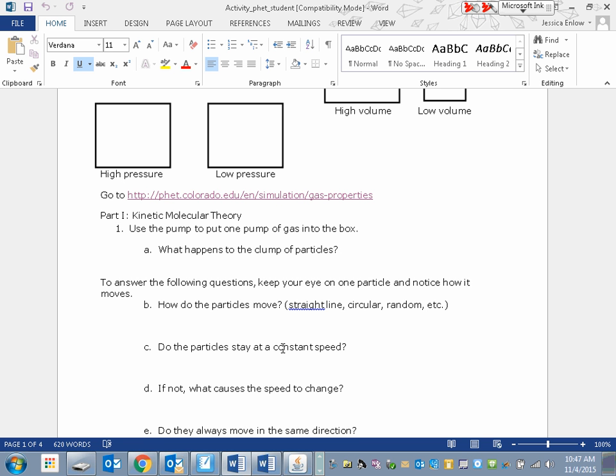Just want to make sure, do they keep a constant speed? So watch what it looks like. No. It looks like they move faster, like they're speeding up. Yeah, they move faster. So they're exchanging energy.